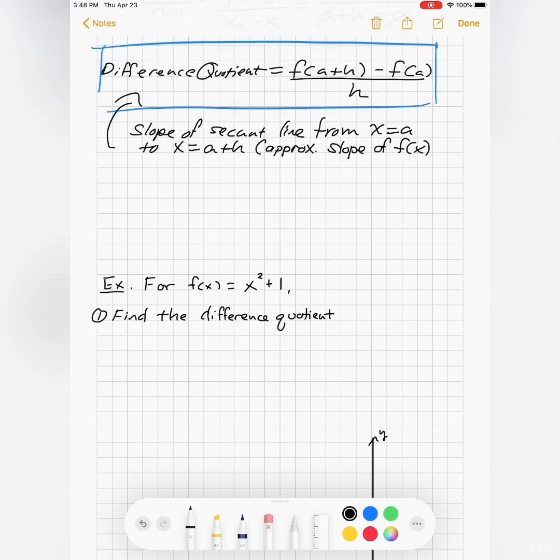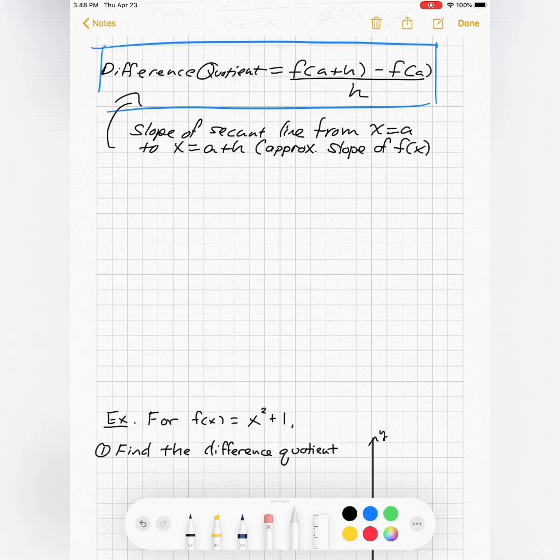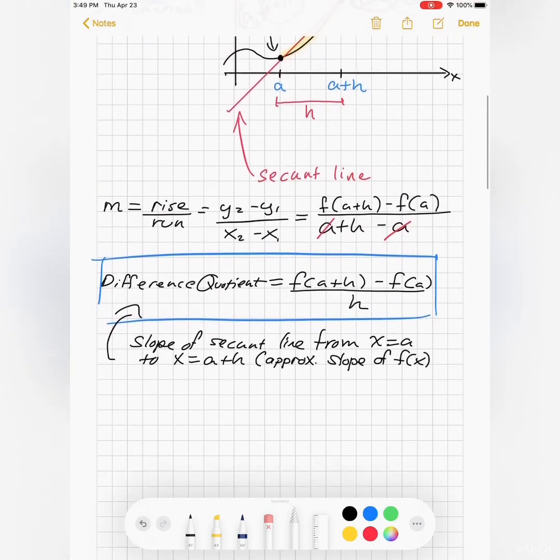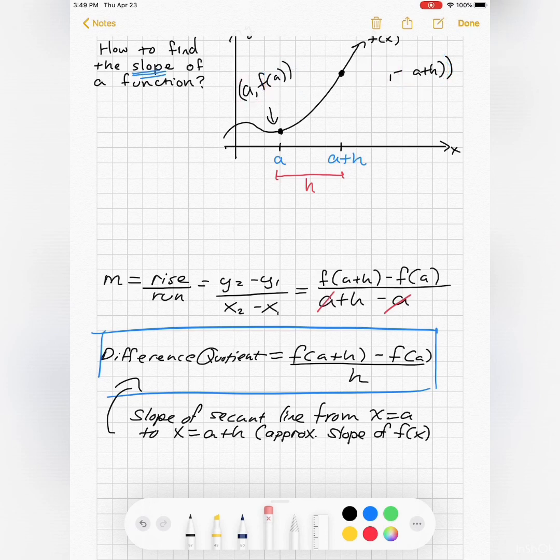Okay, so maybe before I start this example, I'm kind of interested in looking at one more thing. So what if I kind of continue the process here? Let me clean this up a little bit. I'm going to use the same graph.